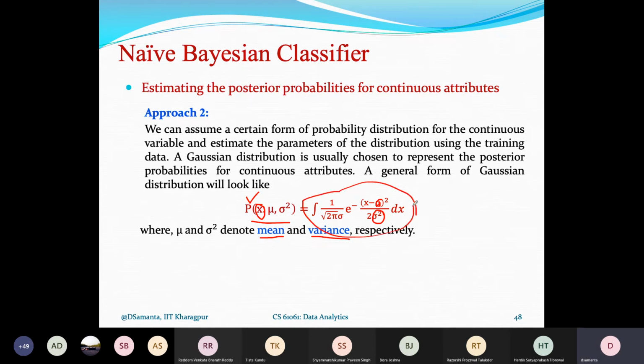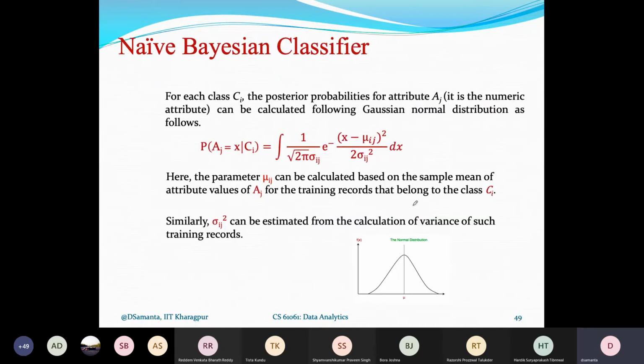So you can calculate the probability that an attribute value equals x, given that attribute A has a set of values in a continuous domain with mean mu and variance sigma square. This is the clue that you can apply. Now let's see how this calculation will be useful to calculate posterior probabilities for any attribute value belonging to any class level. So here is the formula that you can use.